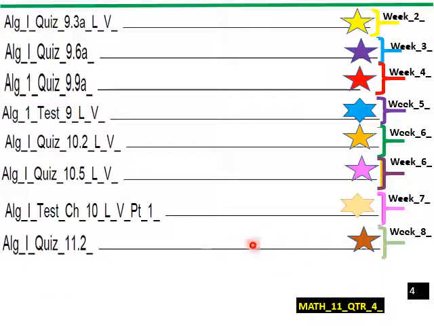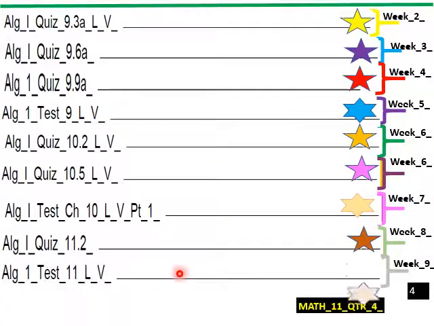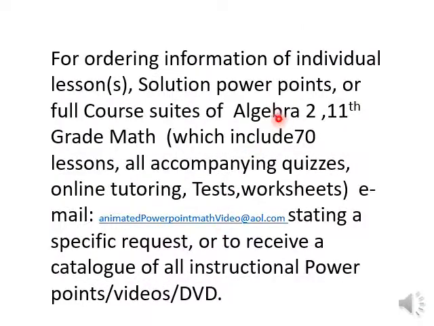And then week 8, we have a quiz after 11.2 instruction. And then week 9, we have a test for chapter 11, and then your final grade is given. And that is for your Algebra 2 11th grade math.